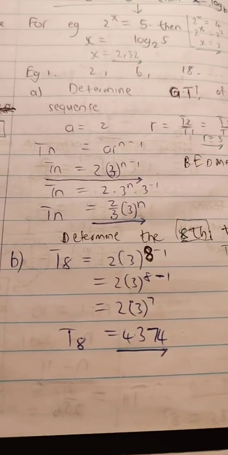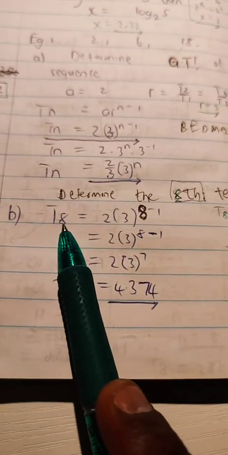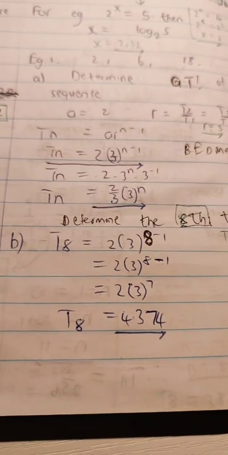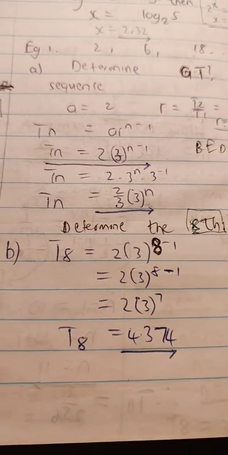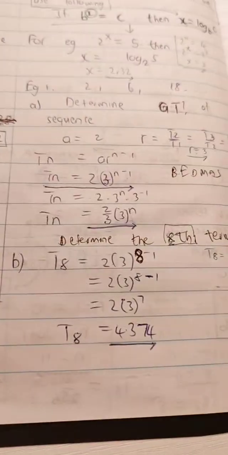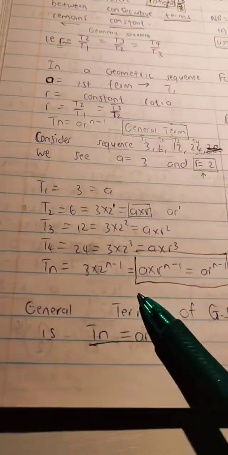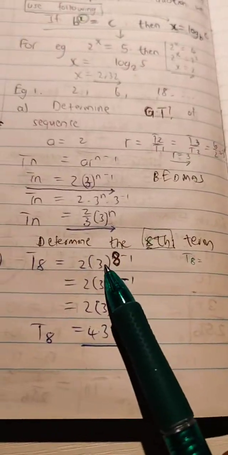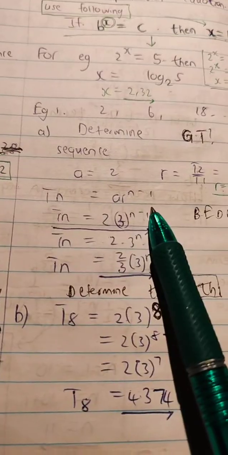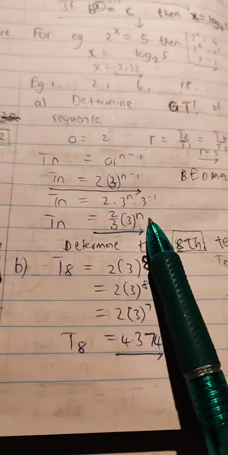So it's very important to know how to find the general term, so that we can then be able to find any specific term in the sequence that is given to us. I hope that makes sense. Okay, all right. So even for someone who was asking me to go back, hopefully you now are caught up, understand, and you can hear me now when I say to find the general term, we use this formula. We find A, we find R, we substitute, we write Tn.